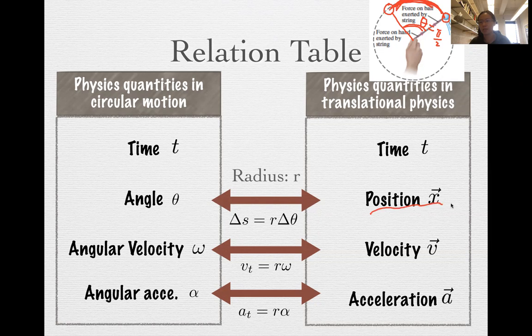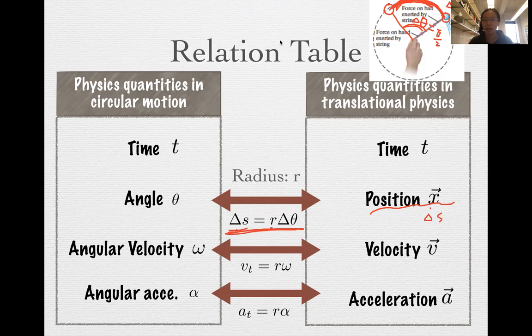I'm going to call this arc delta S, which is just the common notation we use for tangential displacement, and call the angle delta theta. If you recall from high school, this arc is nothing but the angle times the radius. So the arc is the angle times the radius.